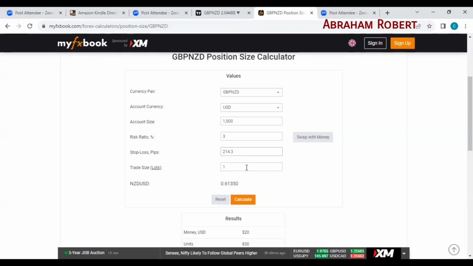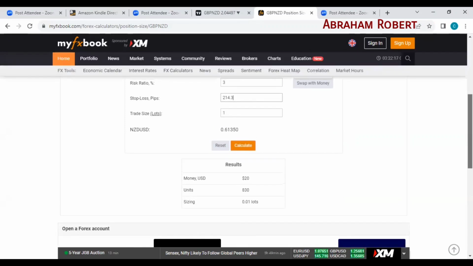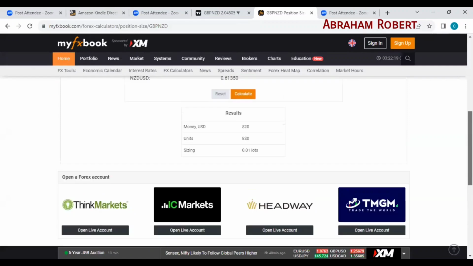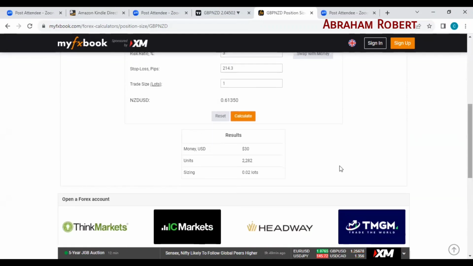Like I told you, if it's a standard account, just leave this one. You don't need to put anything there if it's a standard account. Now you click on calculate. For us to risk 3% of $1,000, we have to use 0.02 lot size.